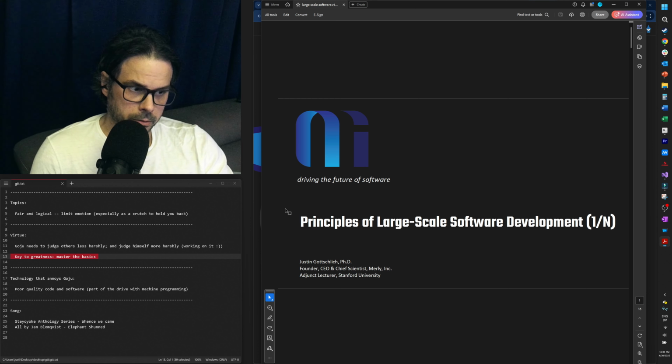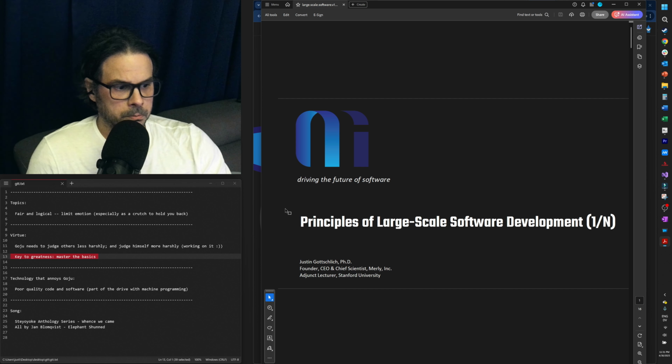I'm not talking about rapid prototyping. And as I think all of you know, when I'm talking about large-scale software development, I mean at least 1 million lines of code. Sometimes several million lines of code.